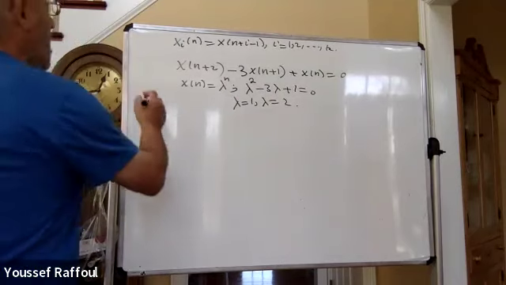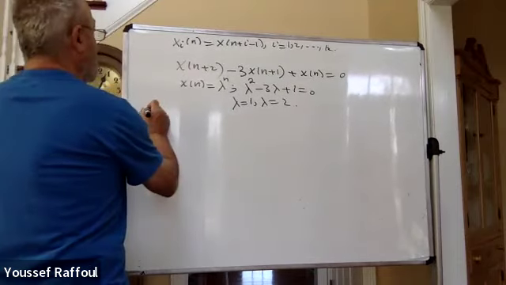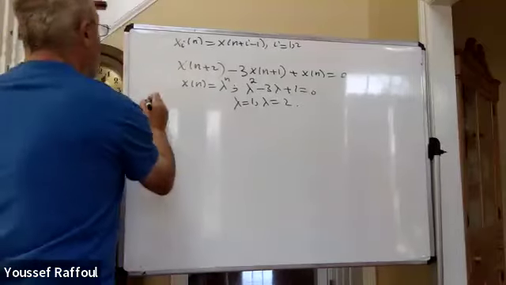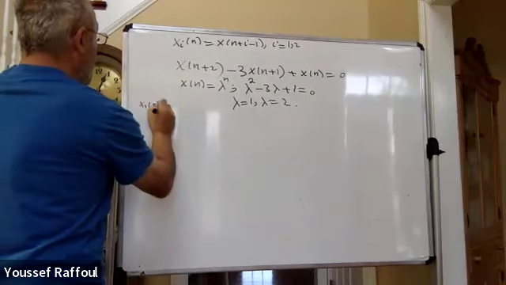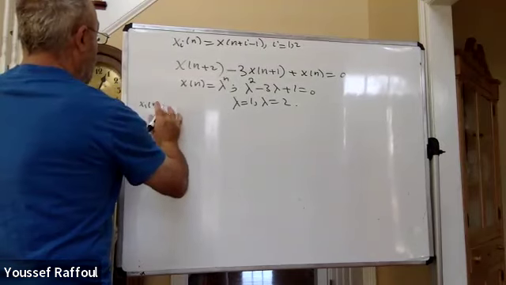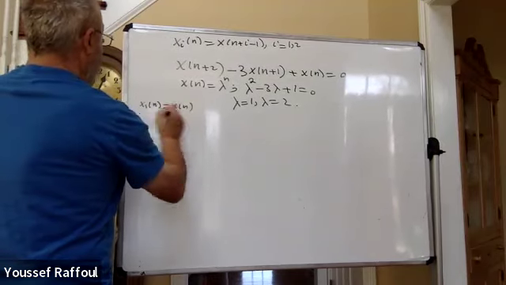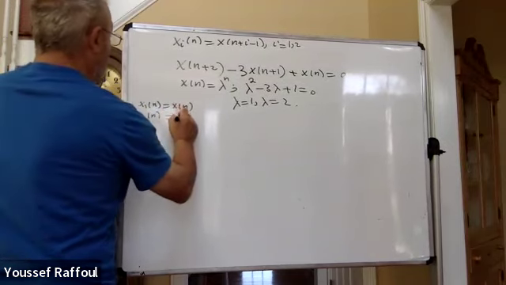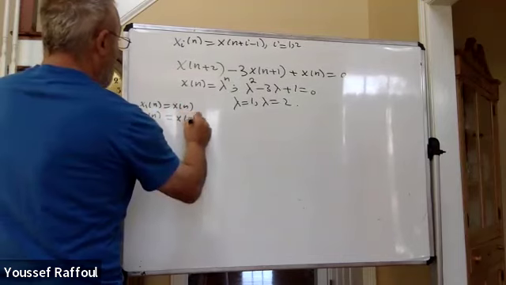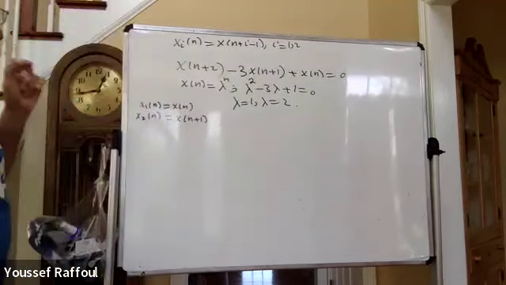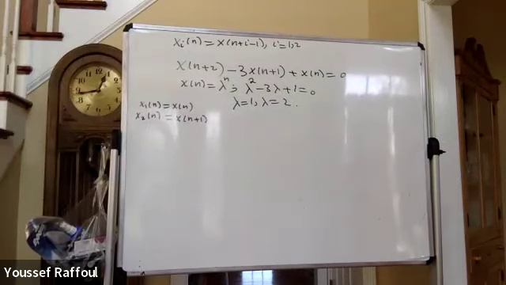And now let's transform it into a system. So we have i equal 1 and 2. So we know x1 of n is x of n, x2 of n equals x of n plus 1.